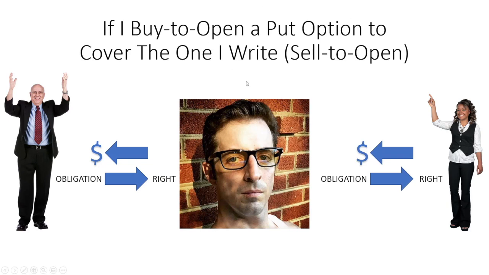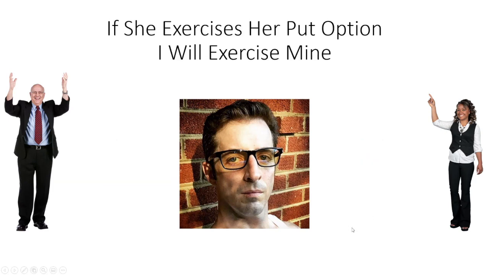But now let's talk about what happens if the buyer of my contract comes a knocking. So if they decide they want to exercise their put option with me, I will have to exercise mine. So if I get notice that I want to do the exercising, well, the first thing that's going to happen is this person I bought my put option from is going to buy my underlying asset.